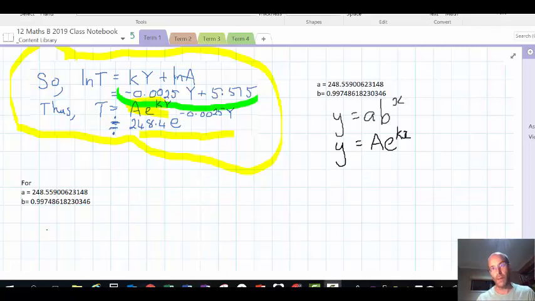A to the kx. Let's understand that a equals A because of the following.